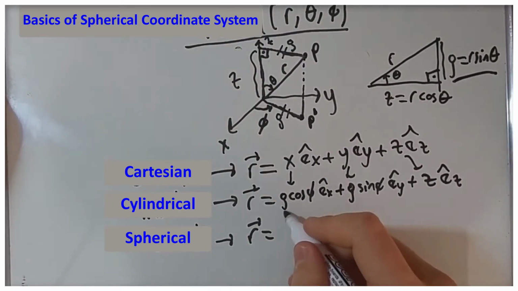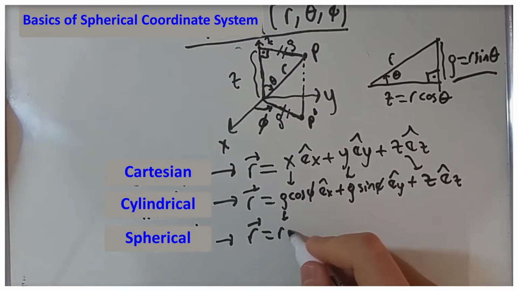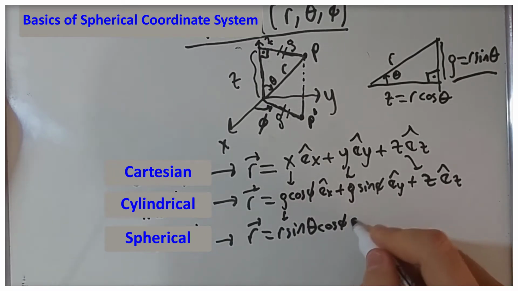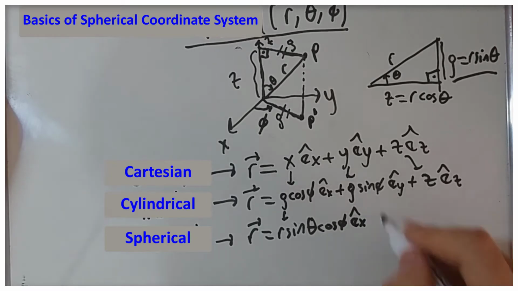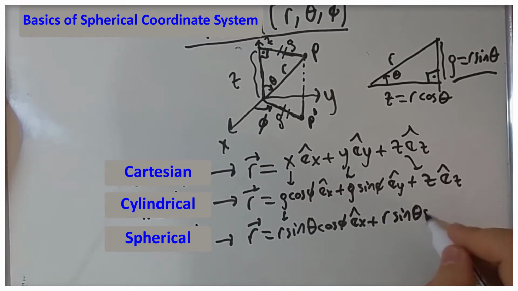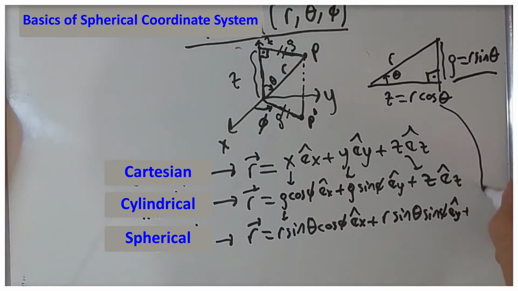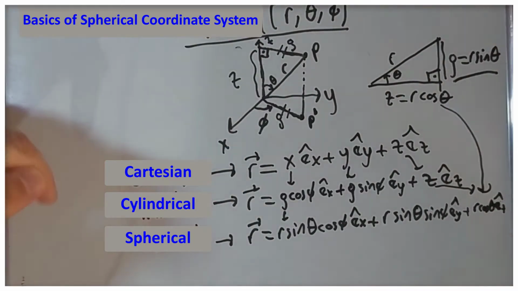See what I found for rho. rho fulfills r sin theta, so r sin theta cos phi ex. Again, instead of rho, r sin theta sin phi ey. And see what I found, I brought it here and wrote it in the form of r cos theta ez.